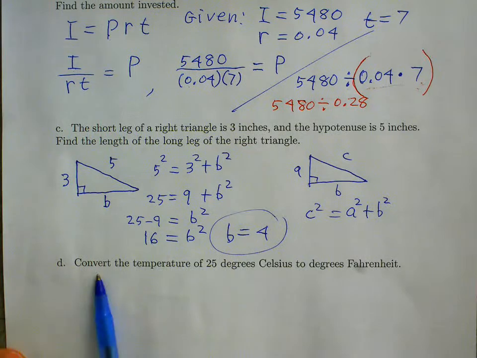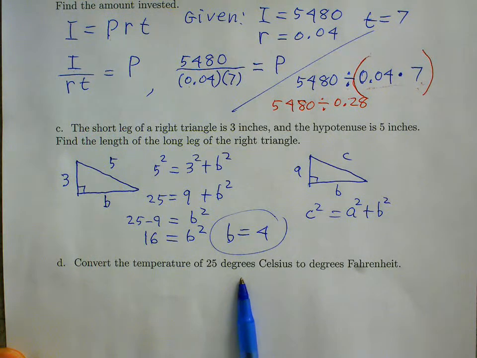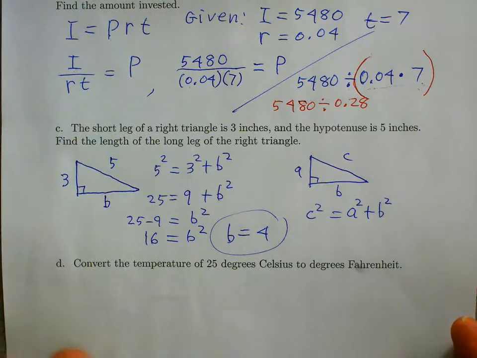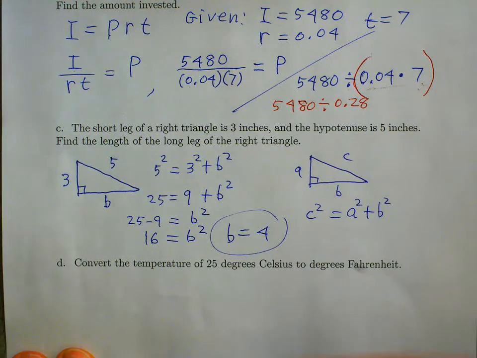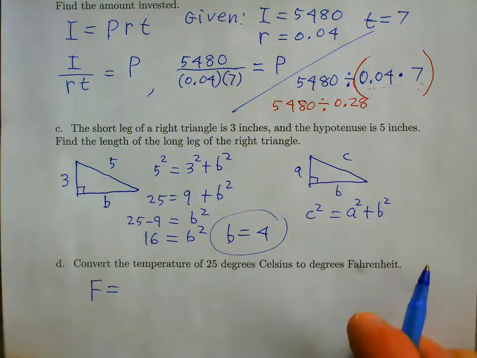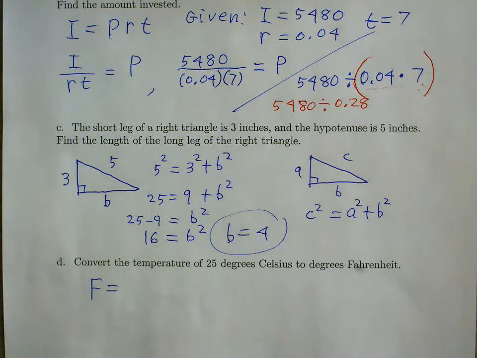Okay, on this one, convert the temperature of 25 degrees Celsius to degrees Fahrenheit. So we want the formula F equals, what is that formula? We've seen it a bunch of times.